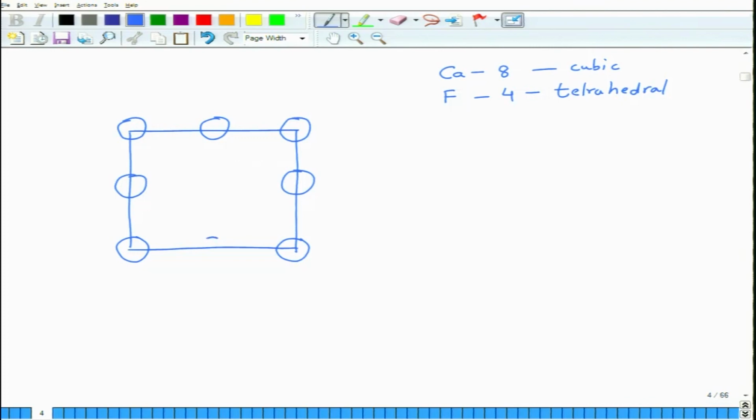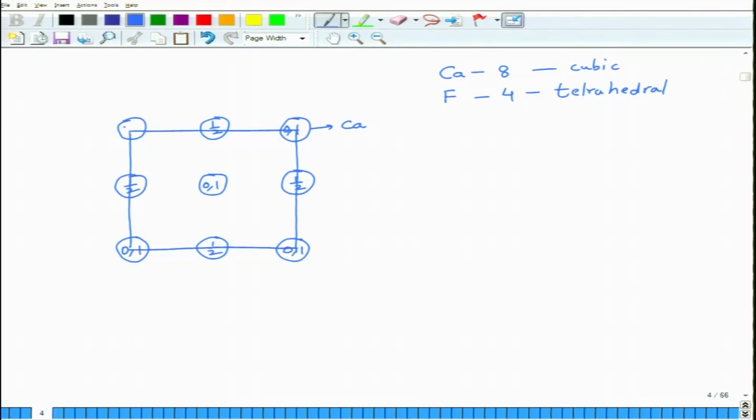Here these are all calcium atoms. They are at 0, 1, at half, at 0, 1, at half, half, half, 0, 1.